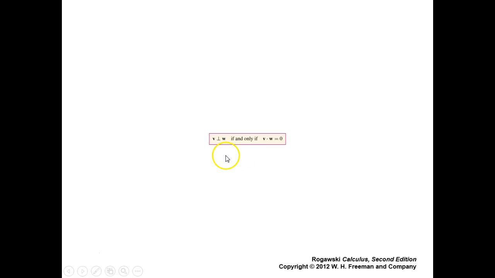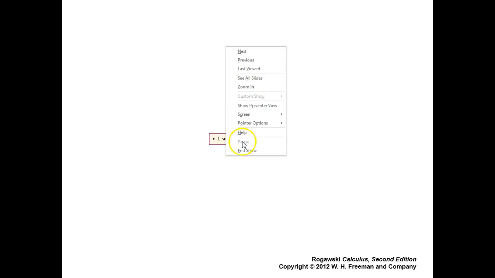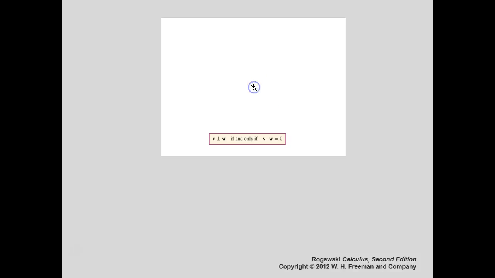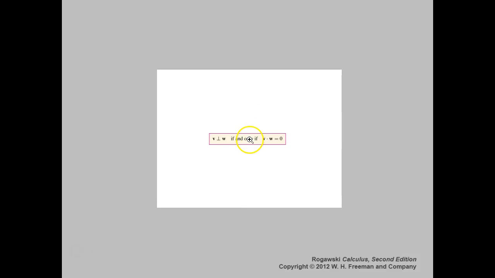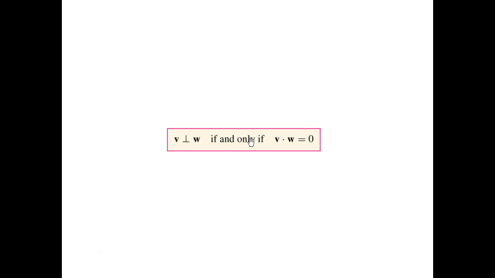All right, here is another feature, property, useful thing to know about dot products. If you have two vectors that are exactly perpendicular to each other, they are perpendicular if and only if the dot product is 0.